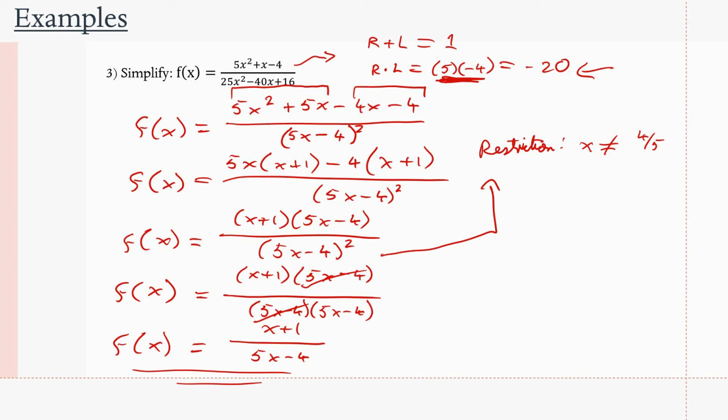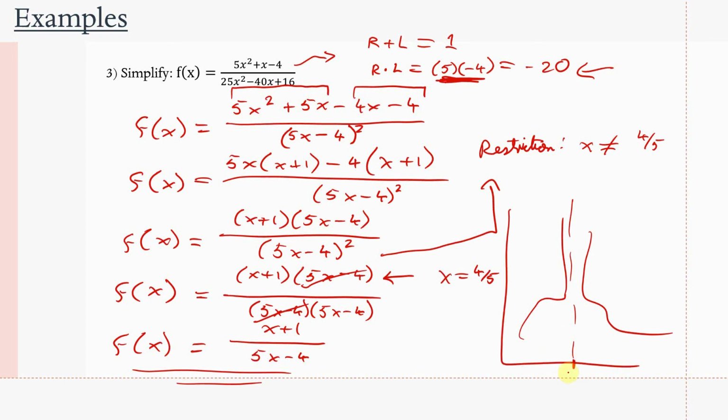And you could say from here, if you factor out a 5x minus 4, you'll get a hole at x equals 4 over 5. But we already have a vertical asymptote, right? So the graph will never touch this line at x equals 4 over 5. Let me draw the graph so you can see it better.